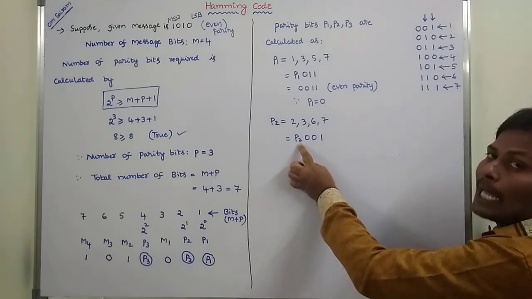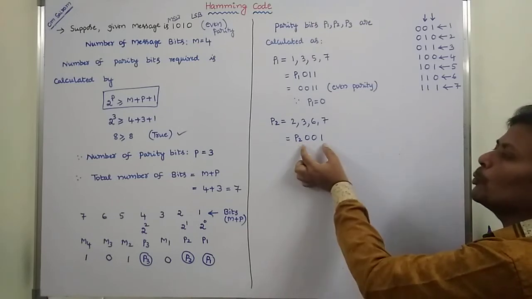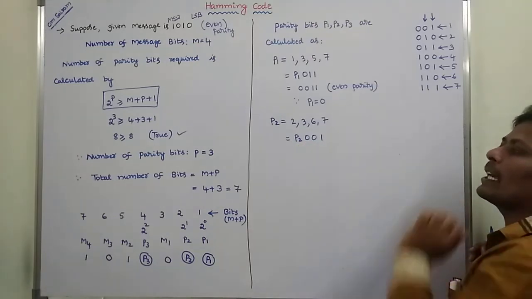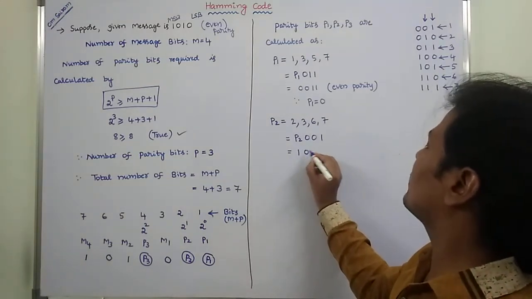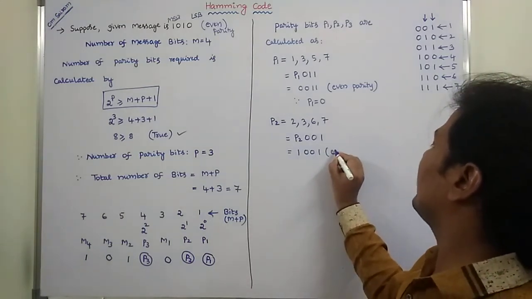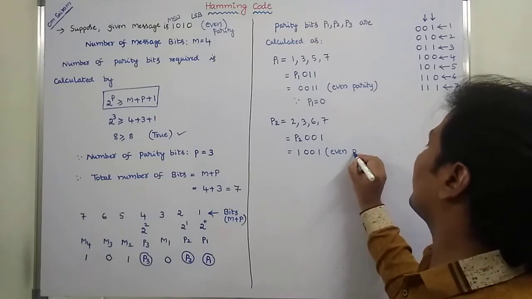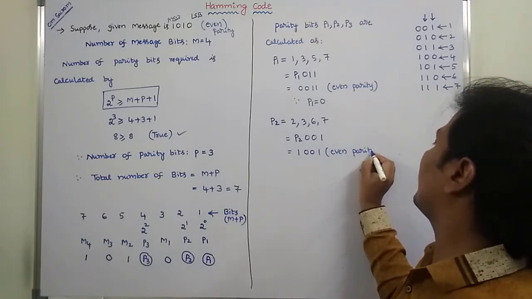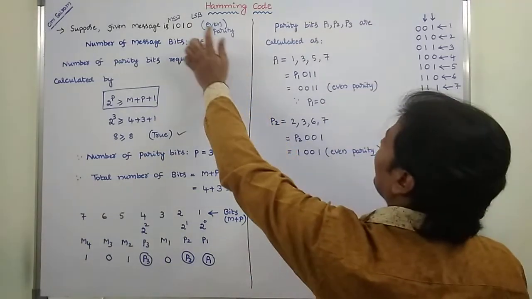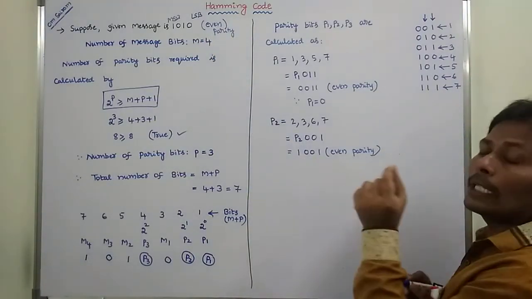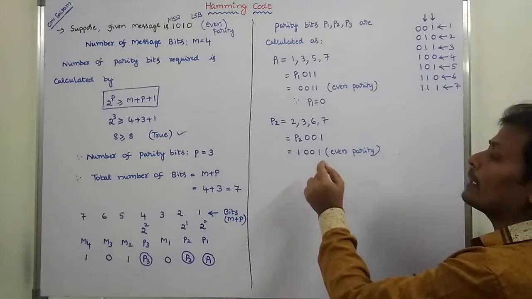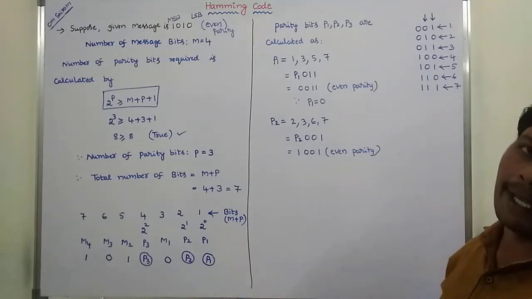Okay. To make this message even parity, what is the P2 value? If the P2 value is 1, then two ones are there, and it becomes even parity. So P2 value 1, 0, 0, 1. Then it becomes even parity. Why are we taking even parity? The message is sent with even parity, so the total number of ones in the given message is an even number.